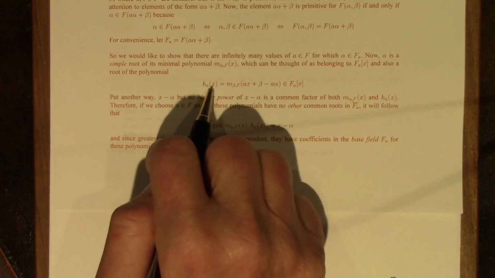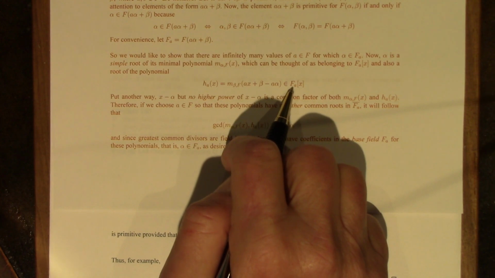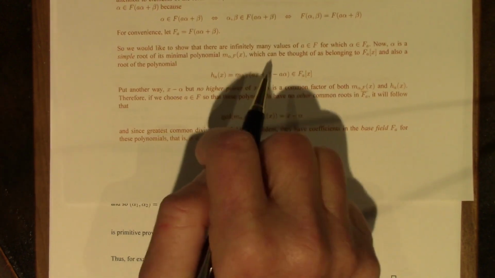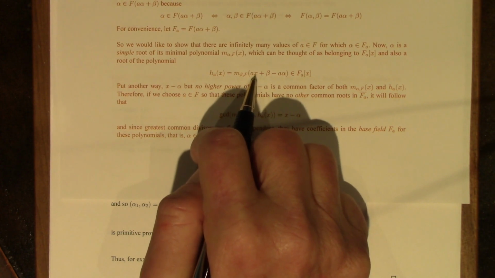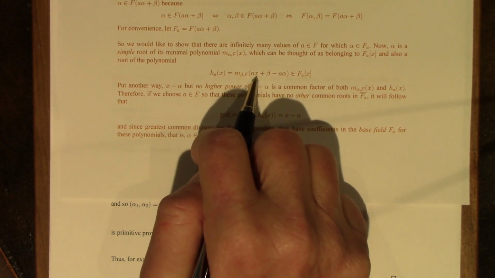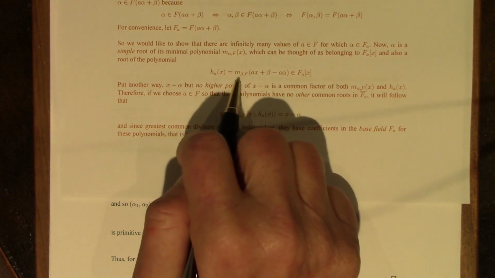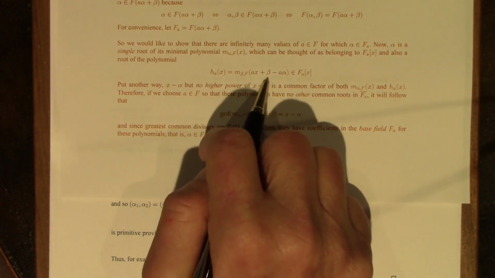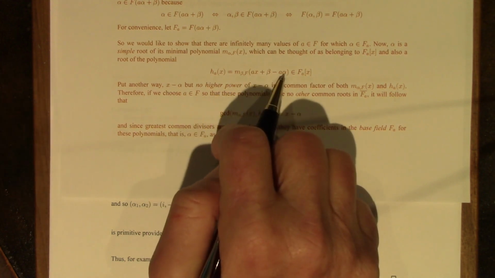So both these polynomials have the same base field for our discussion. Now if you notice here that when you substitute x equals alpha, the a alpha terms cancel, and you have the minimal polynomial of beta evaluated at beta, and that's 0. So alpha is a root of this polynomial.